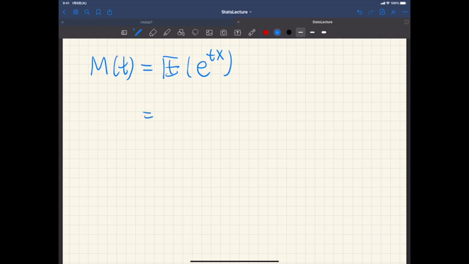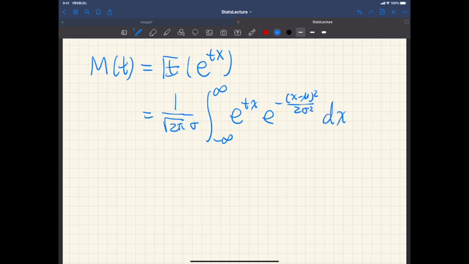So if you apply this definition to the normal distribution, this is exponential tx and exponential of minus x minus mu squared over 2 sigma squared. If you calculate this, you should have this result, exponential of mu t plus sigma squared t squared over 2. You should try this yourself.